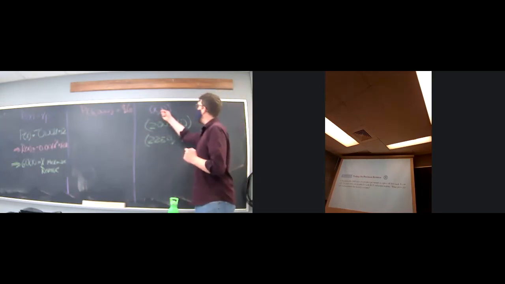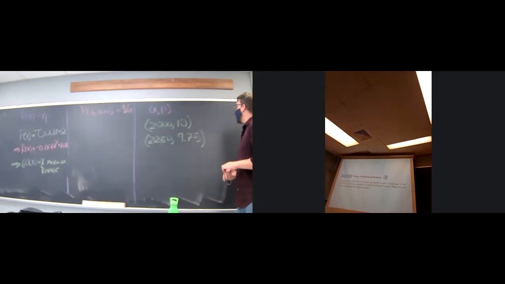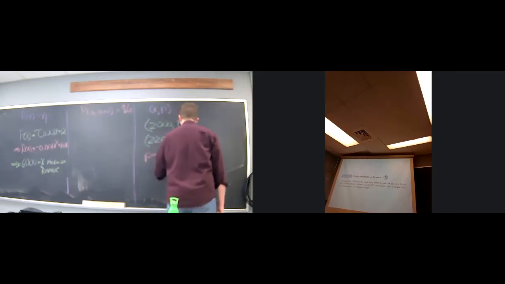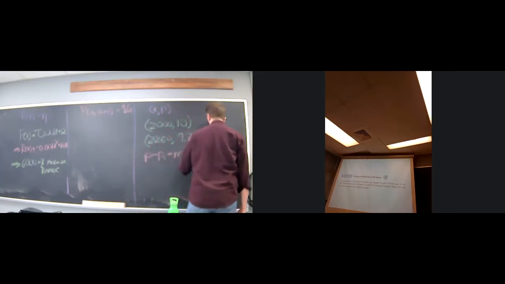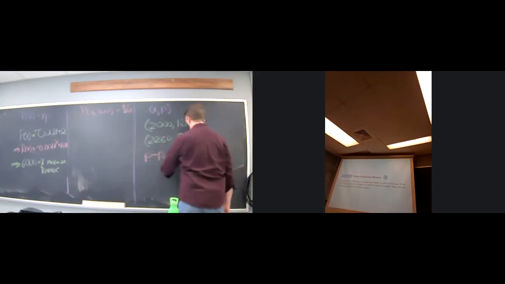using this, we can find a linear equation for our price with respect to X, right? So we have to use point slope form. So we have to go back and say P minus P1 is equal to M times X minus X1, where M is equal to the change in our price over the change in our demand.